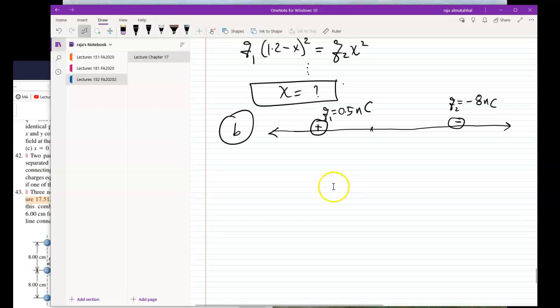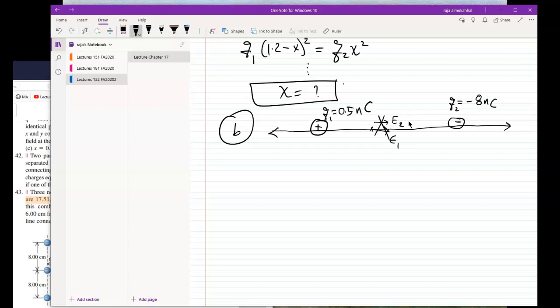Due to Q1, the direction of the electric field is going to be this way. Due to Q2, the direction is also inward, also this way. So you're not going to get a net zero between them. They have to be opposite, so this is not going to work here.